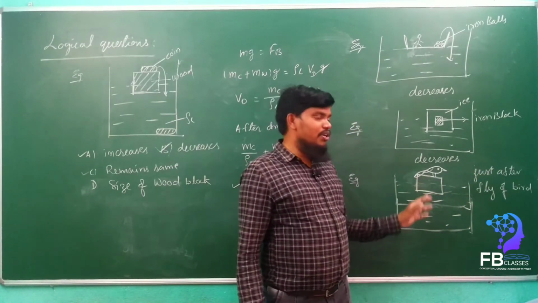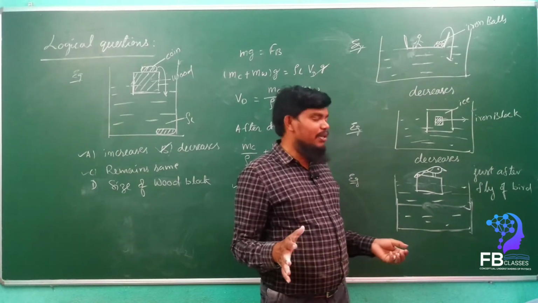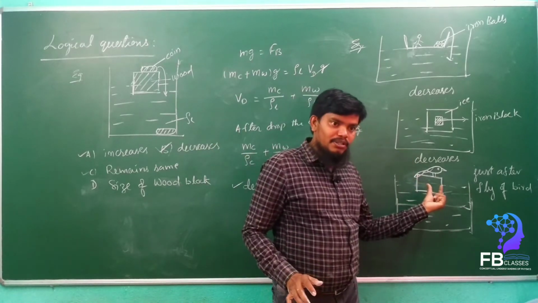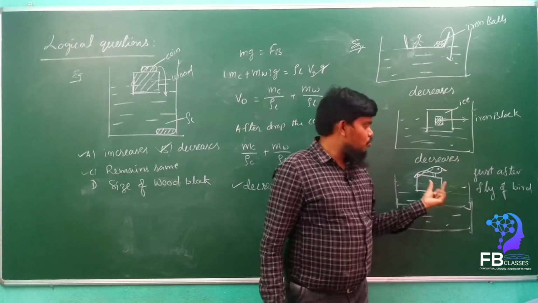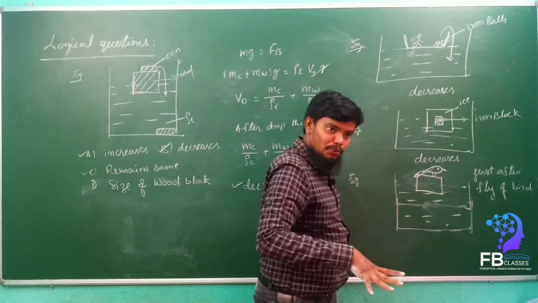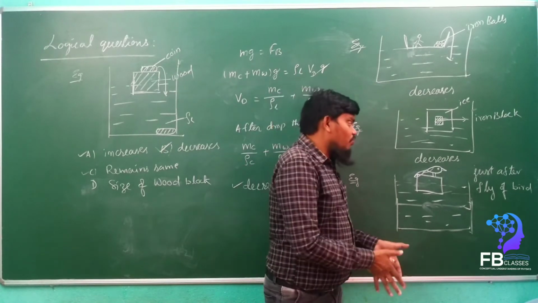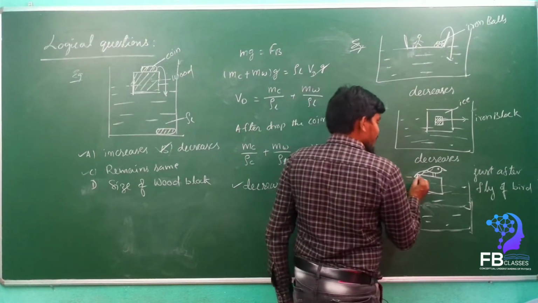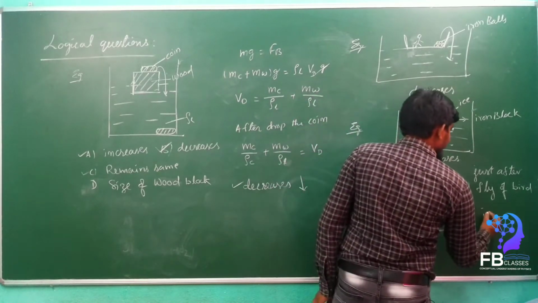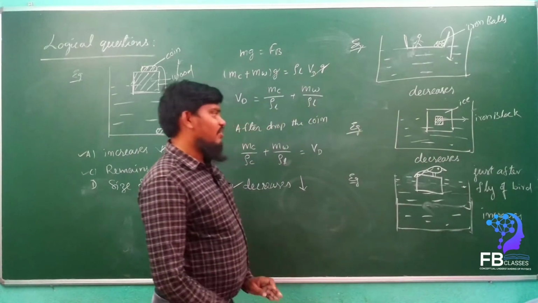For the bird to fly, it applies more force onto the block, so the block goes down. That means more water is displaced, and the level of water increases. So the answer is increases.